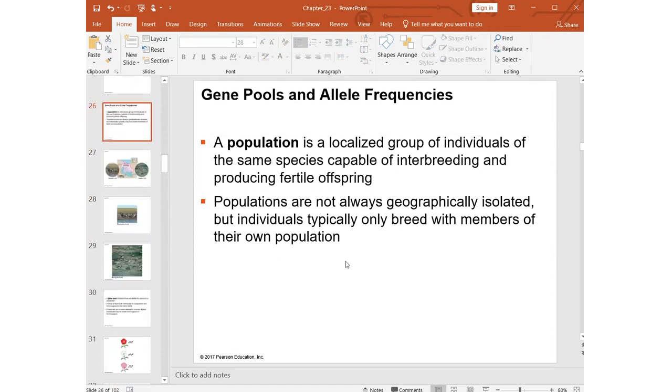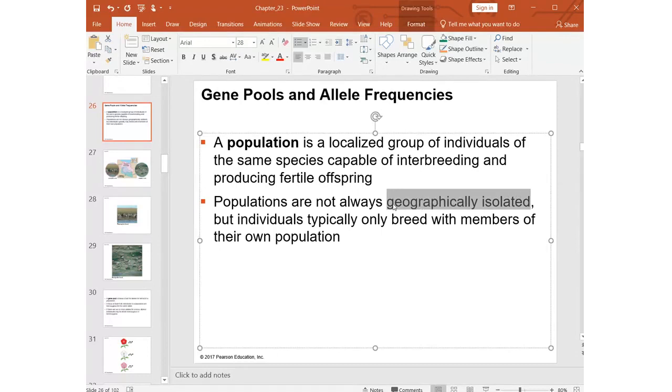For example, mountain lions are found in certain areas here and there, or bighorn sheep. Bighorn sheep are found in certain areas here or there throughout the mountains. But they are geographically isolated, though.